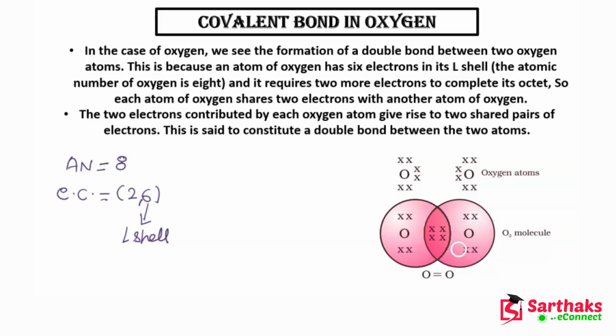1 2 3 4 5 and then 6. So what will they both do? They will share their electrons and it will complete their octets. Now you can see after sharing 2 electrons, the octets of both the elements are completed. 1 2 3 4 5 6 7 and 8 for this oxygen, and for this oxygen also there are 8 electrons in the octet.